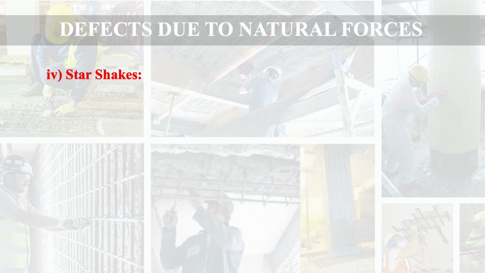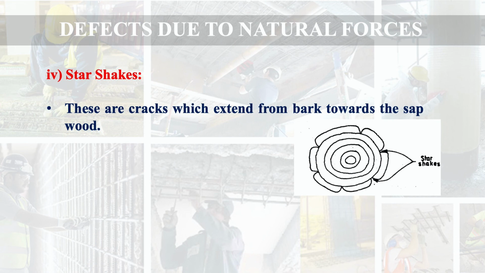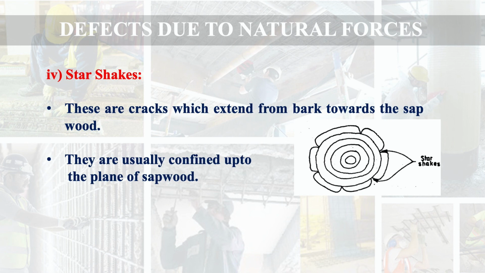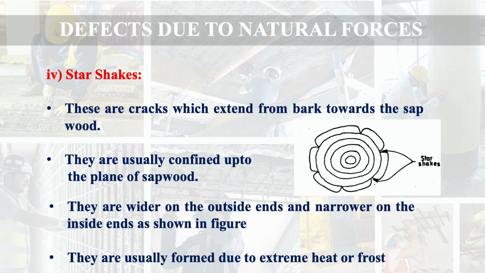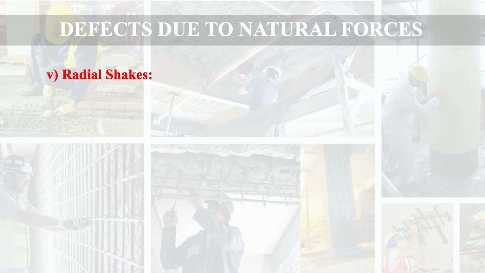Then star shakes. These are cracks which extend from bark towards the sapwood. They are usually confined up to the plane of sapwood. They are wider on the outside ends and narrower on the inside ends as shown here in the figure. They are usually formed due to extreme heat or frost. Radial shakes.